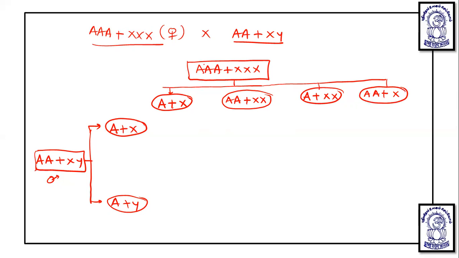So these four types of gametes are possible. Out of these four types of gametes, we can make a cross between these four gametes and these two.